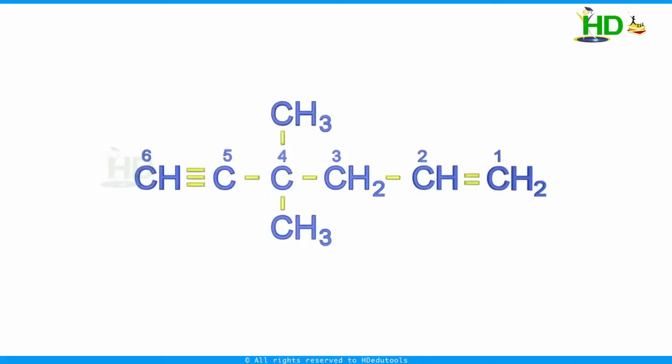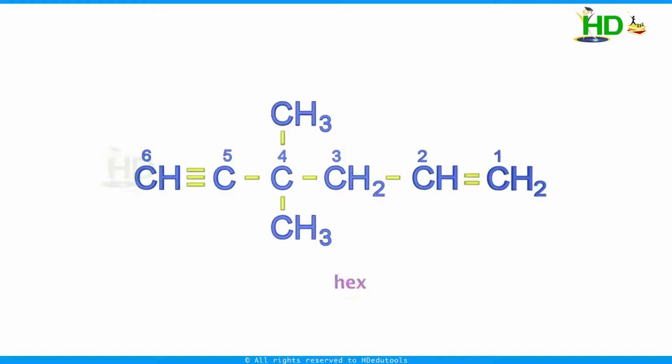Now we consider this compound. In this case, this is the parent chain. This is the longest chain containing 6 carbons. On the first carbon, a double bond is there. On the fifth, we are finding the triple bond. On the fourth carbon, 2 methyl groups are there. Now how to name this? 6 carbons are there.